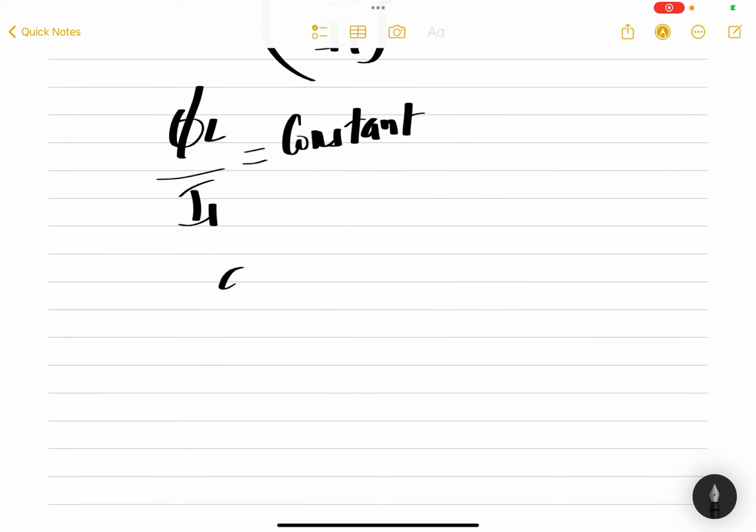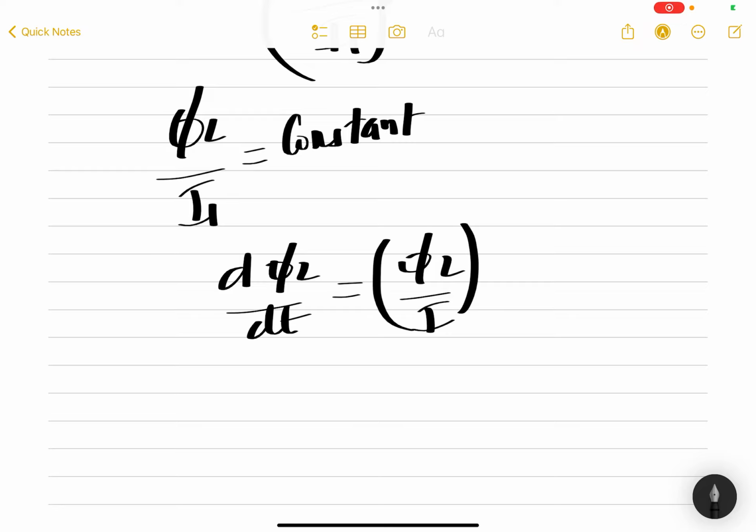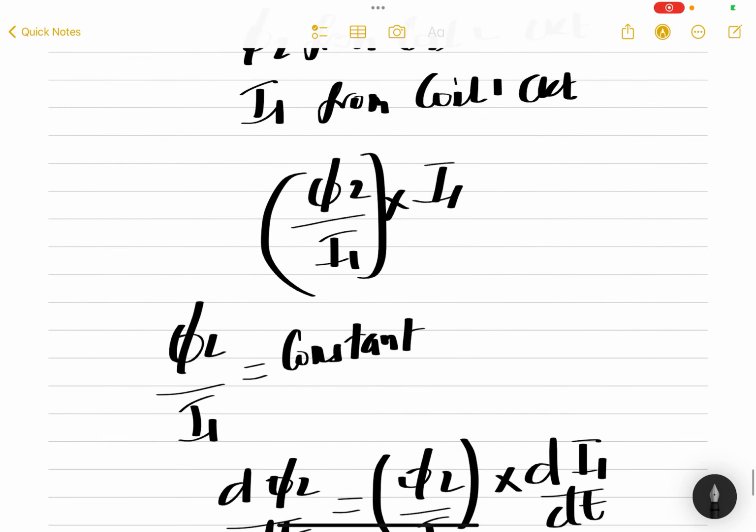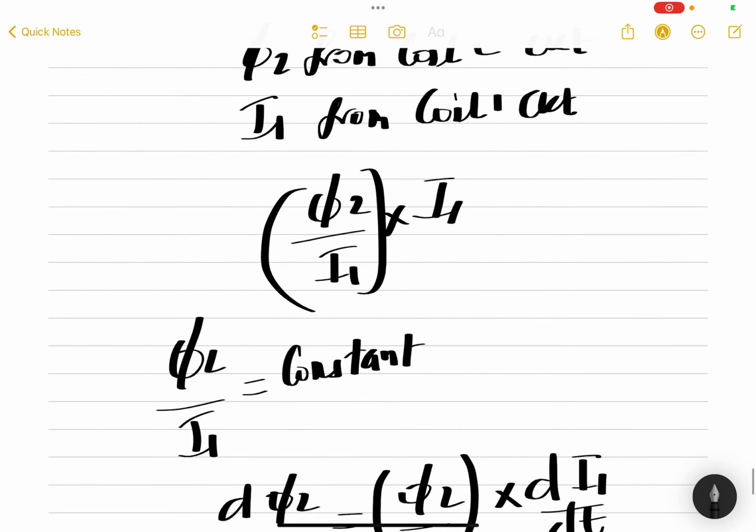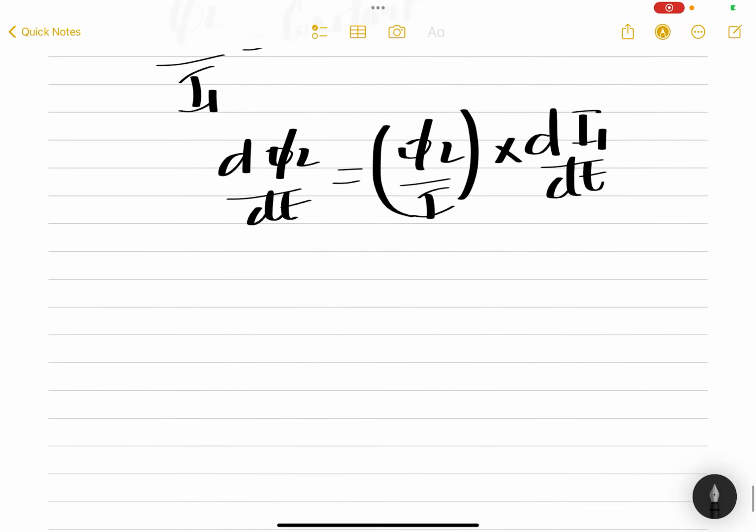So the rate of change of phi 2, that is d phi 2 with respect to time, will be equal to phi 2 upon I1, which is constant, into dI1 by dt. We have considered phi 2 upon I1 as a constant term and taken the differential of I1.